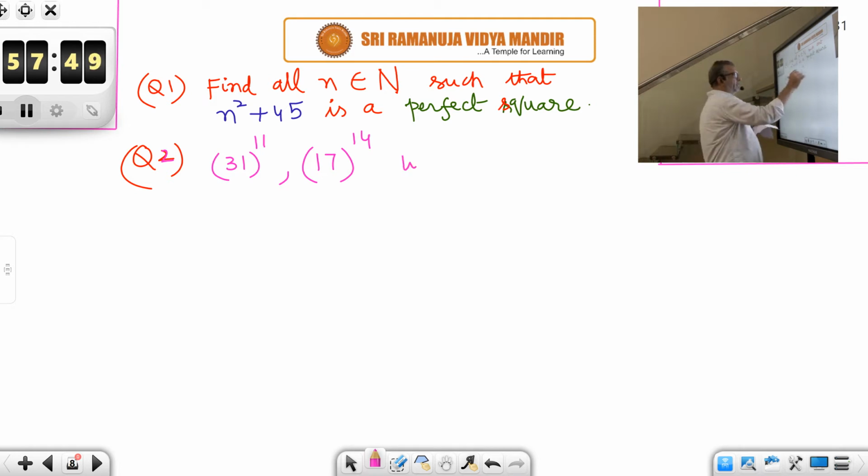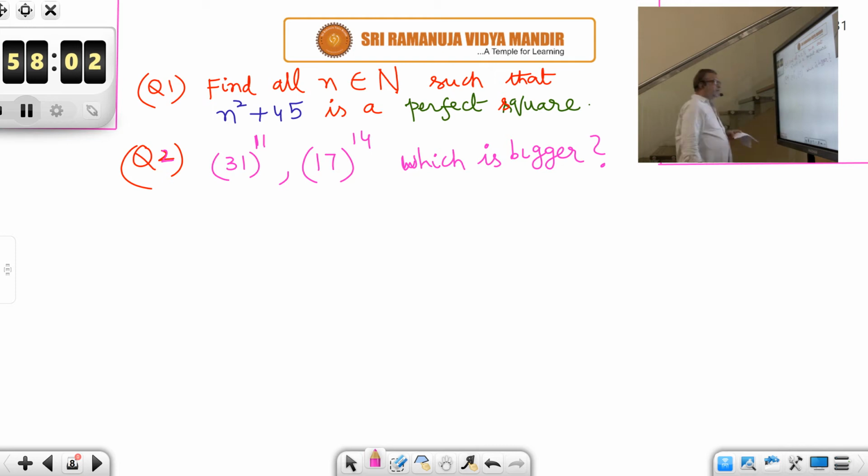Which is bigger? Which is bigger, 31 power 11 or 17 power 14? You have to find out. Okay. Next.